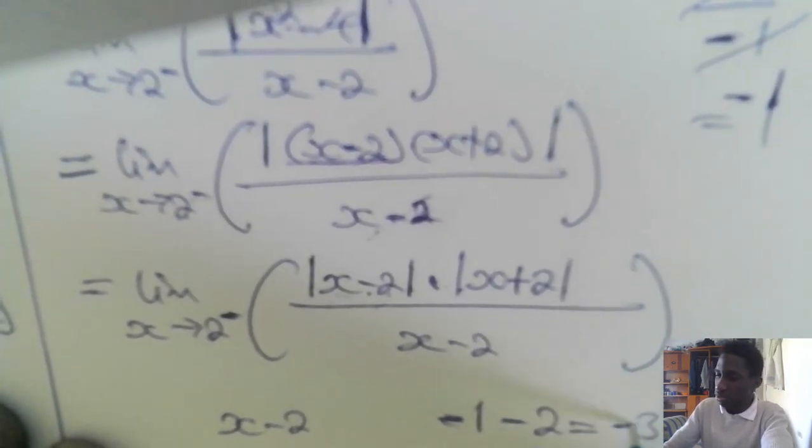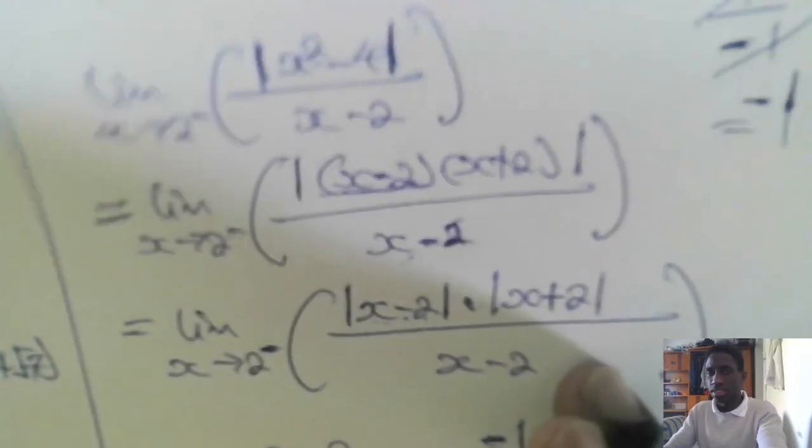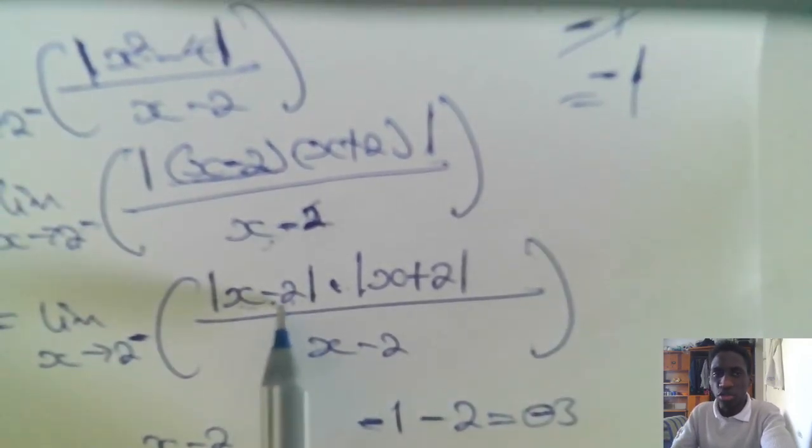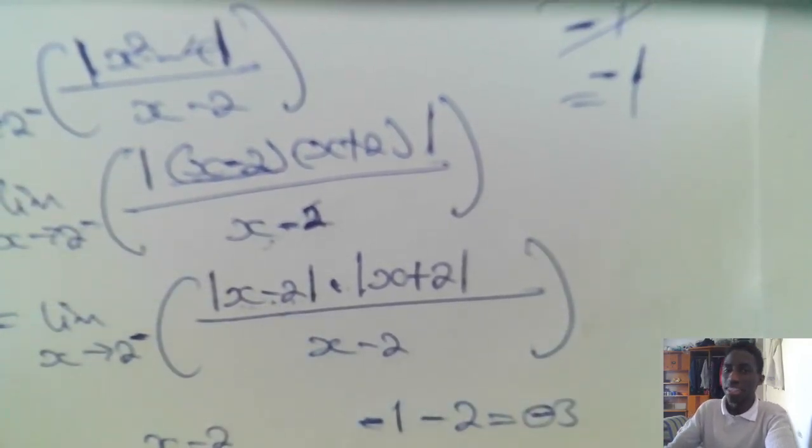So this is negative, right? The answer I'm going to get from this is going to be negative for all numbers less than 2, because any number to the left of 2 is less than 2.